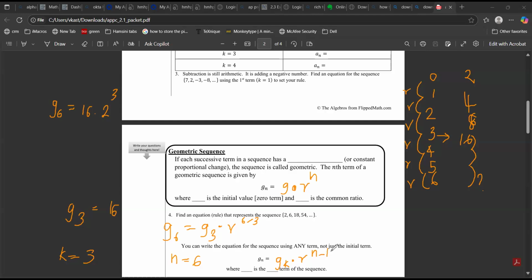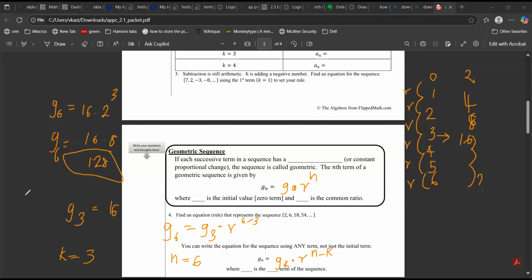Any questions, guys? So here G6 would be 16 times 8, that would be 48 and 80, so 128. Make sense, guys?